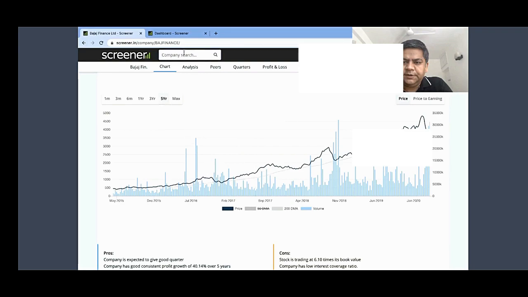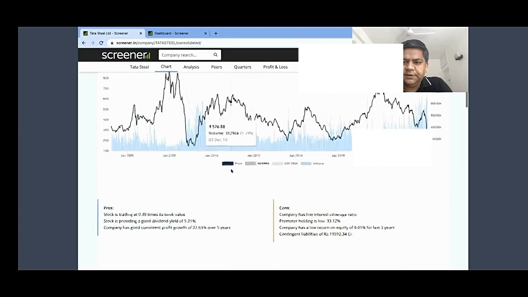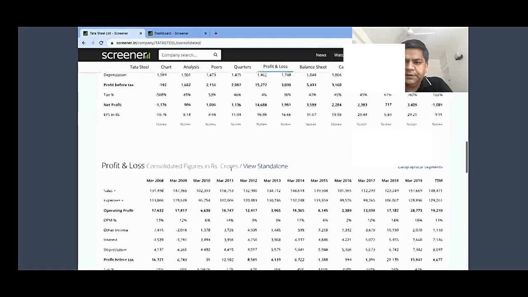Here in Tata Steel, you don't see that in their graph, and you don't see it in their profit and loss statement as well.